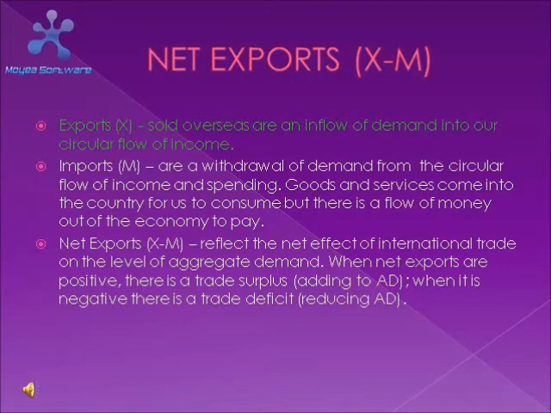Net exports, which is exports minus imports, reflect the net effect of international trade on the level of aggregate demand. When net exports are positive, there is a trade surplus, adding to aggregate demand. When it is negative, there is a trade deficit, reducing the aggregate demand.